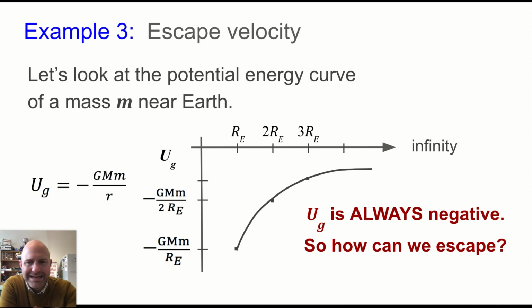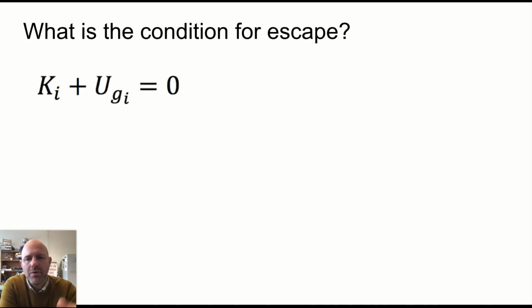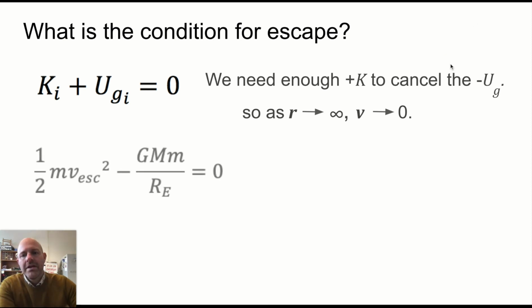We need enough energy to climb out of this well to infinitely far away. Basically, when we get to this point, I want to be at rest, infinitely far away. That's our condition. We need enough kinetic energy so that when we get out to where gravitational potential energy is 0, all of our kinetic energy has been used up. So that's the way this is going to work.